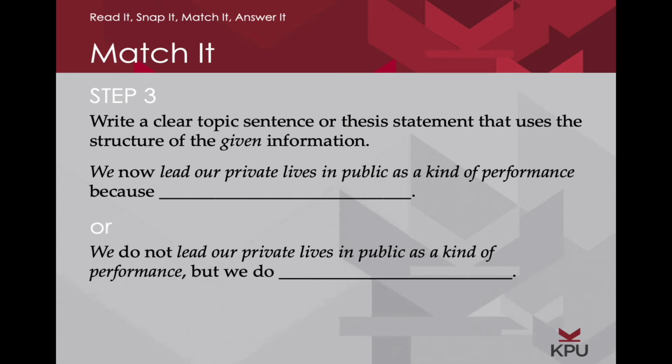Or you could write, we do not lead our private lives in public as a kind of performance. But again, I don't agree is not an answer to a short answer or an essay question. So we have to provide a clear direction. So in this case, we would have to add, if we don't lead our private lives in public as a kind of performance, what do we do? So we'd have to supply an answer there. But we can use this to structure our thesis.